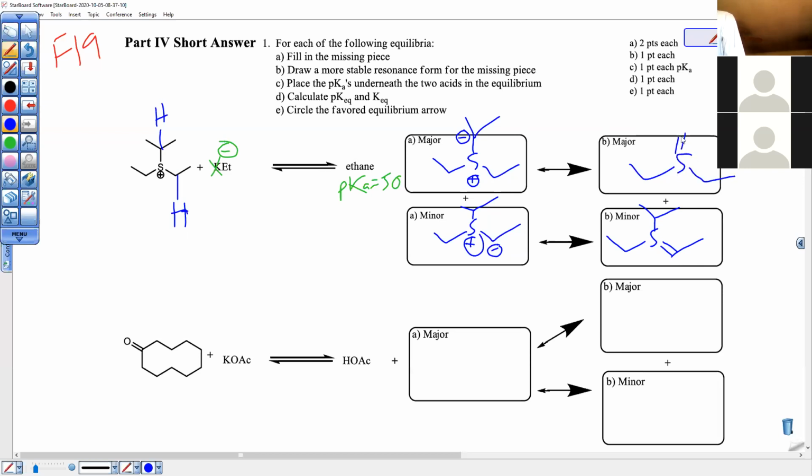I like this one of the two the best because it's got more hyperconjugation on the pi bond. So we've got that going on. And we have to know the pKa of a ylide precursor, regardless of whether it's a sulfur ylide precursor or a phosphorus ylide precursor. You will have a pKa 30. I can almost guarantee it on this question, because we saw at least 2 of them, maybe 3.